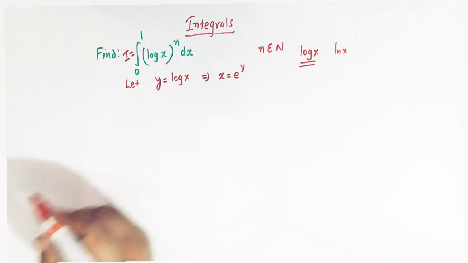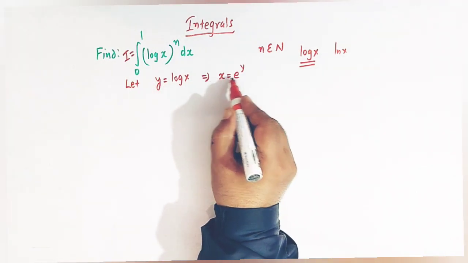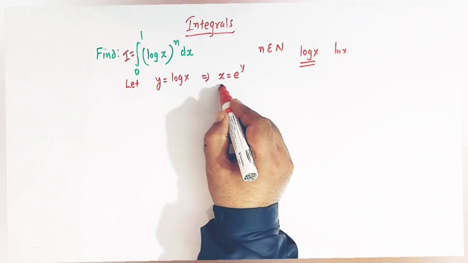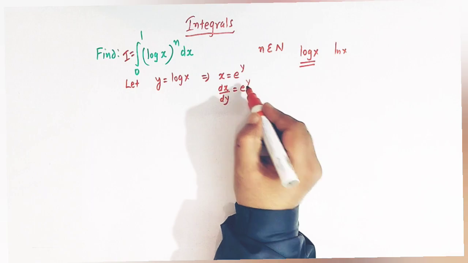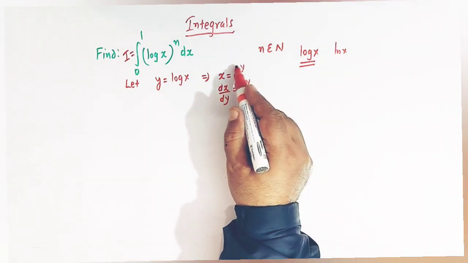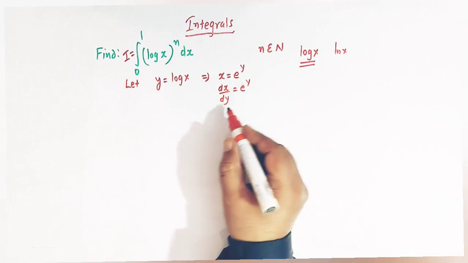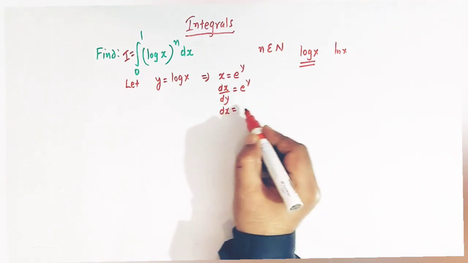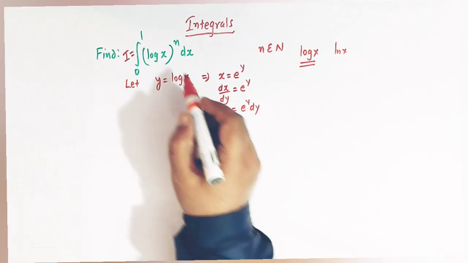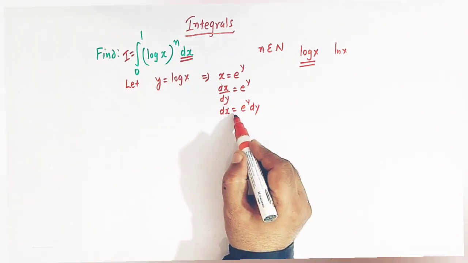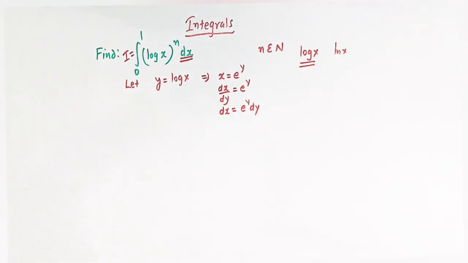Now if we differentiate x with respect to y, then dx over dy is equal to e raised to y, because the derivative of e raised to y with respect to y is e raised to y. So now we have dx is equal to e raised to y dy.